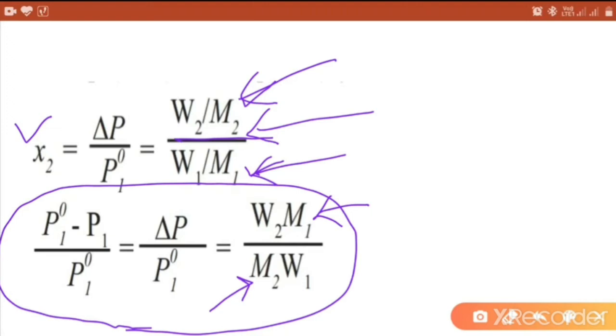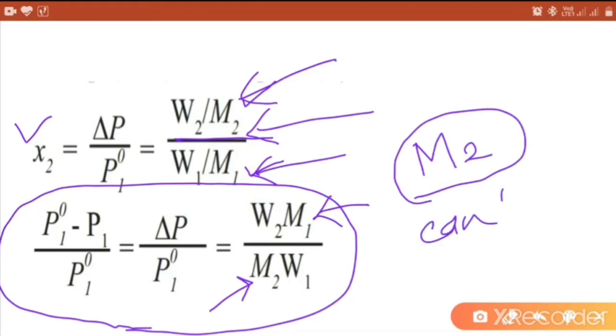If all other quantities are given, the molar mass of solute M2 can be calculated.